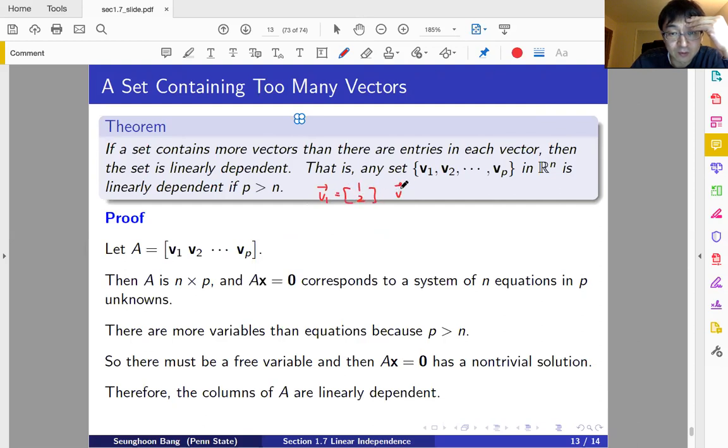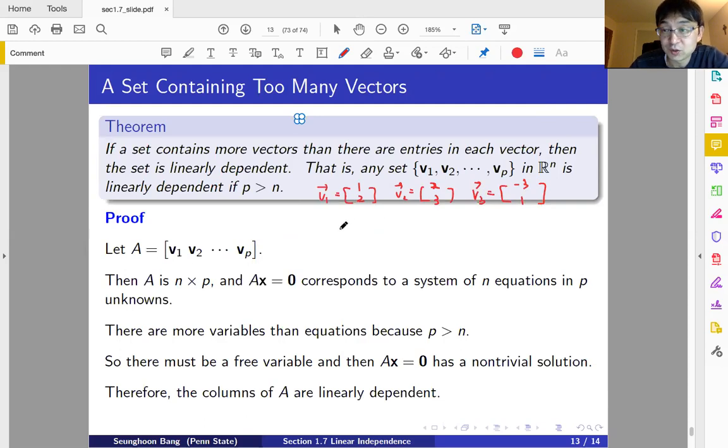The vector v2 is given like this. Vector v3 has the entries negative 3 and 1. So we have 3 vectors. Is this set linearly dependent or not? How can you know that?